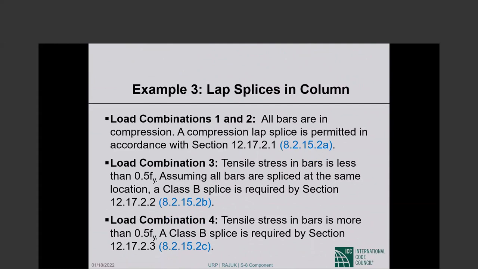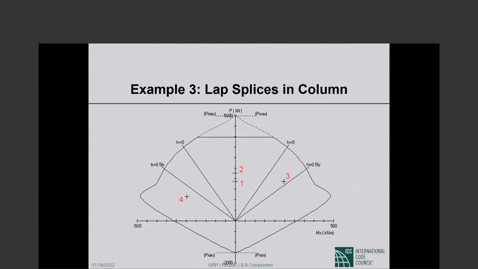Now, load combinations 1 and 2, all bars are in compression. A compression lap splice is permitted in accordance with section such and such. Load combination 3, tensile stress in bars is less than 50% of F sub y. Here, 50% of F sub y is here.